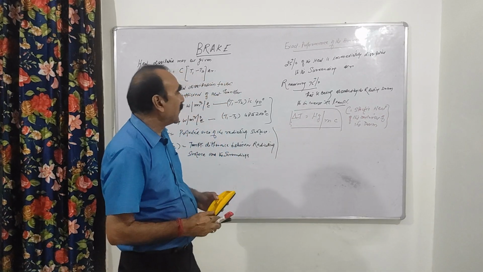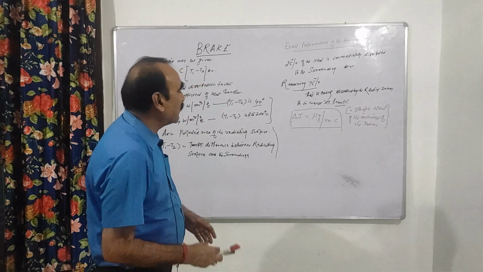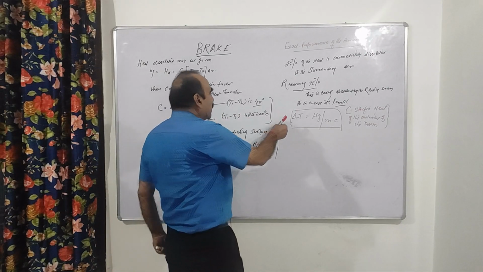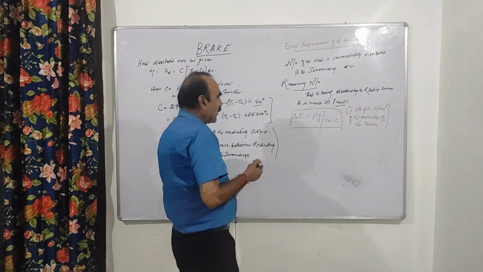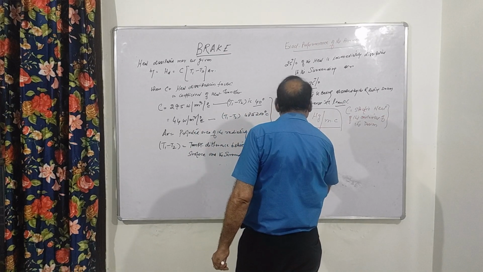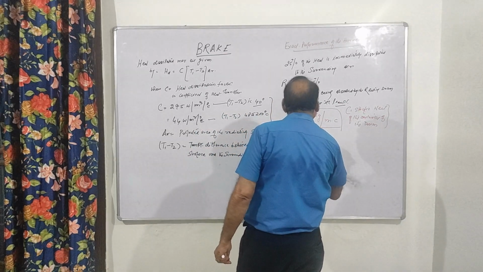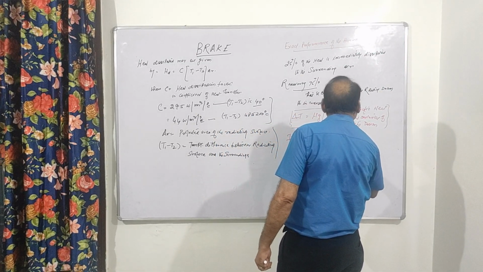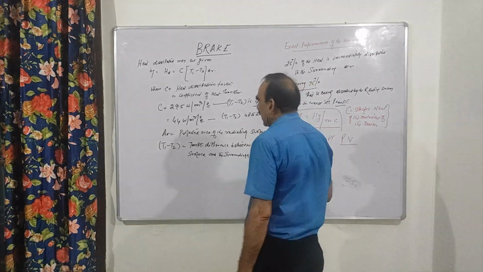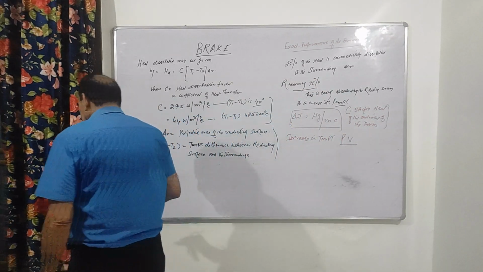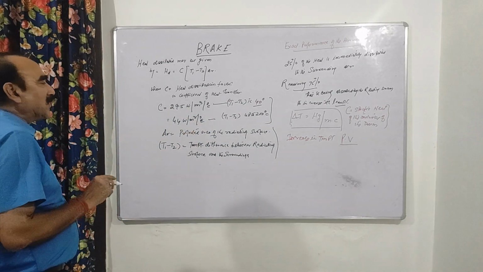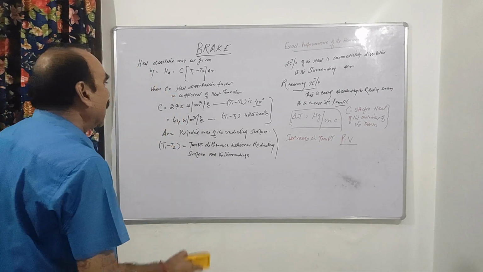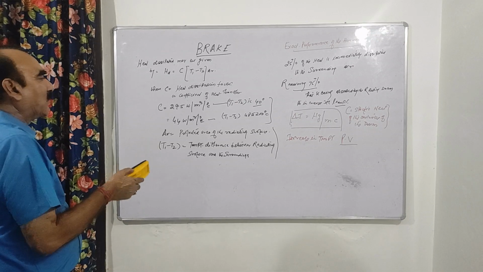So in preliminary design applications, because it is very difficult to calculate this temperature, we will take the value of P into V, where P is the pressure and V is the peripheral velocity, right? Its permissible value is given in the table, and you can calculate this value PV from the table.